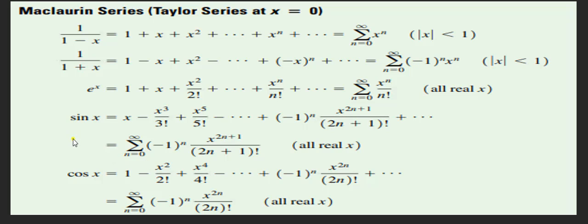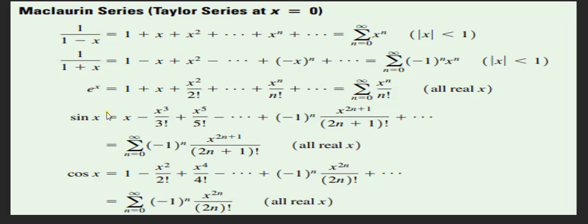Now, it could be overwhelming, but these two are very related, and these two are also very related. So, for example, instead of x, if you plug in negative x, you get 1 over 1 plus x. And here, just plug in negative x, and you'll get these values.